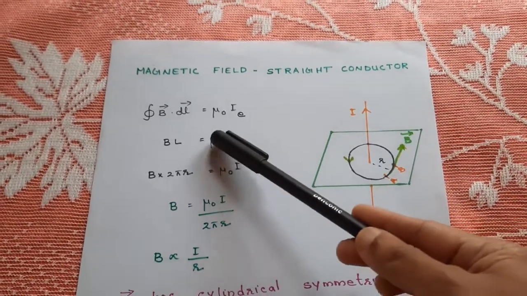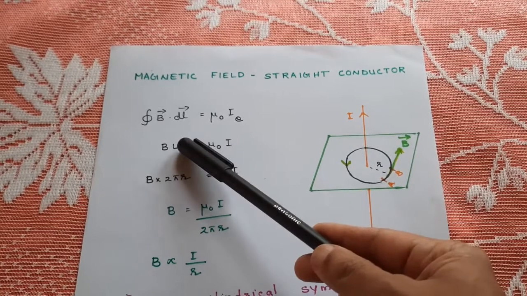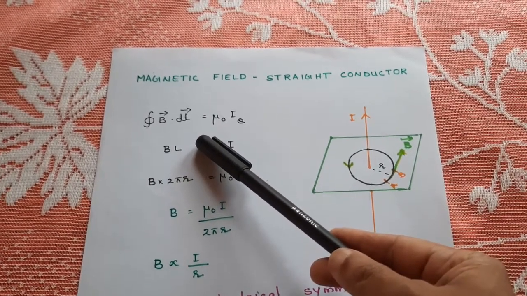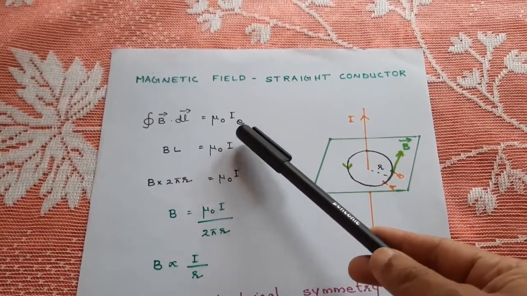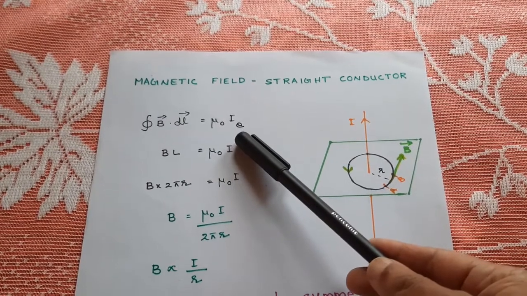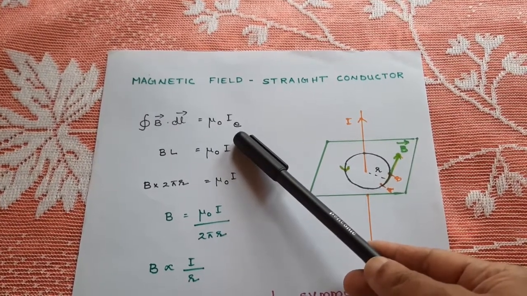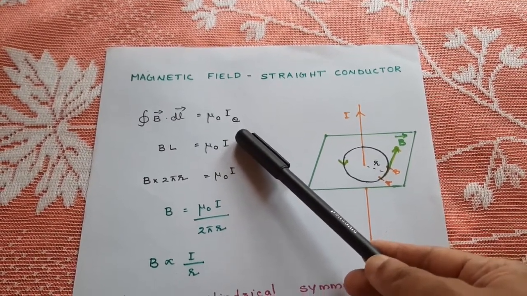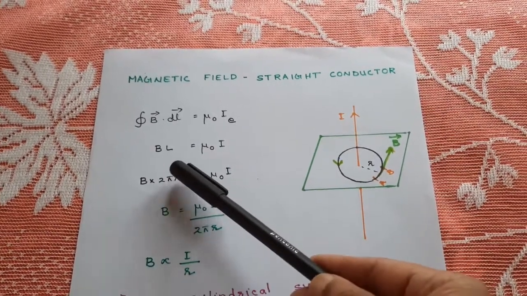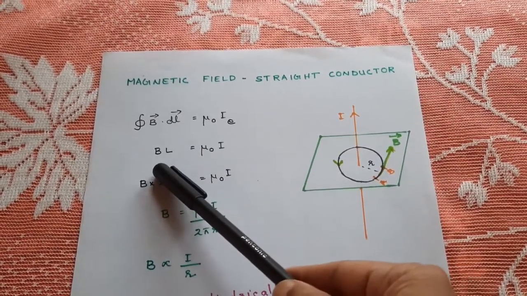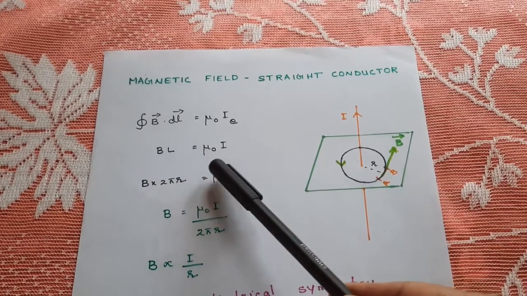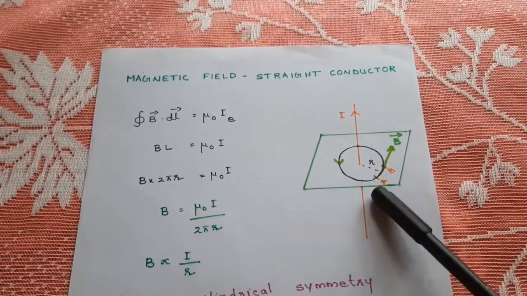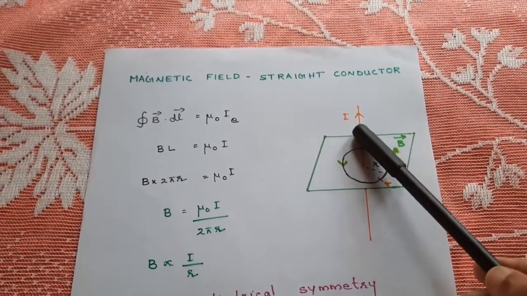According to Ampere's circuital law, closed integral B dot dl is equal to mu0 IE, where IE is the enclosed current. Since field is tangential to the loop, BL is equal to mu0 I, where I is the current through the loop.